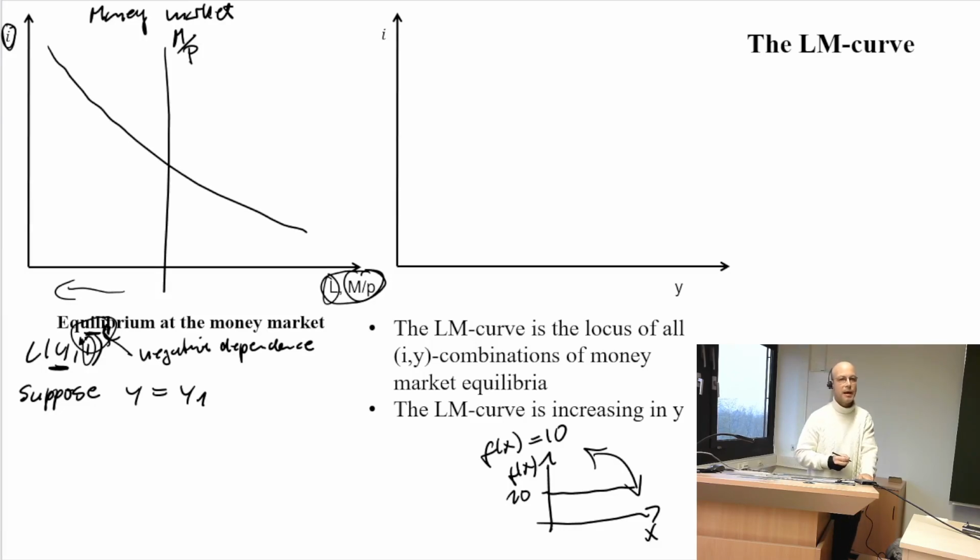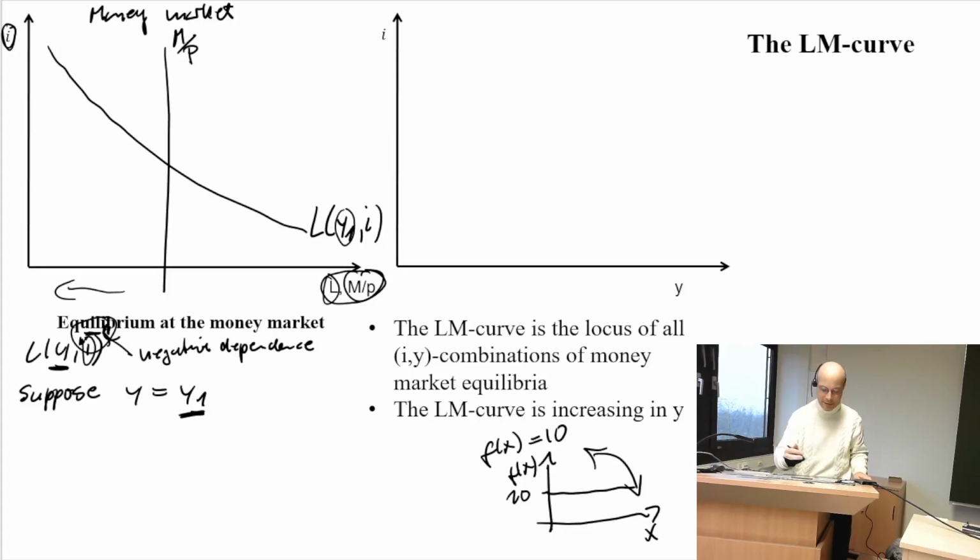So our money demand would be just any decreasing function depending on our fixed income y1 and the variable i. Still, this one is just any fixed number, so we do not have to care about the dependence.